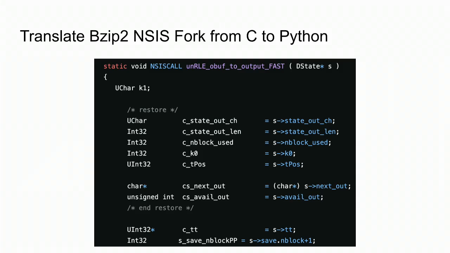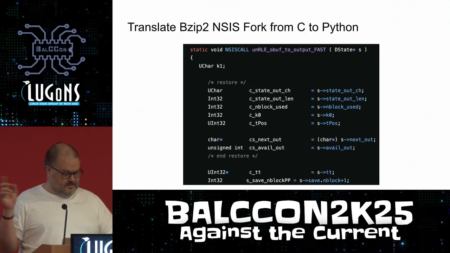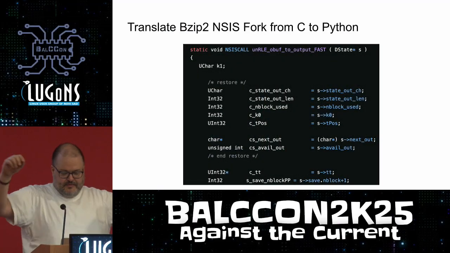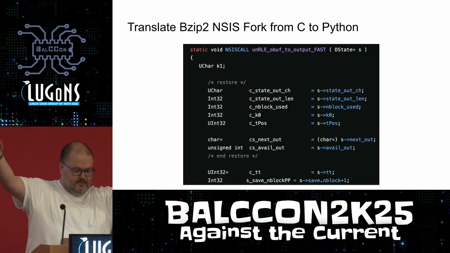And so it had all of these crazy state maintaining variables, where it would save the state, and then it would go back to the parent function, and it would ask the parent function for another block of data, and then it would decompress that block of data until it hits a good stopping point, let's say, and then it saves all its state out, and it keeps doing this over and over.